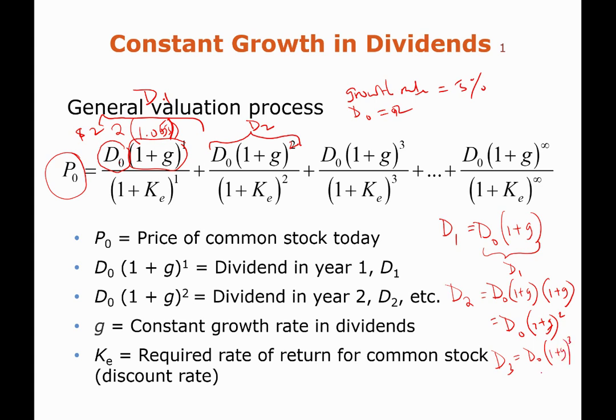So the key for us is to make sure you have the current period dividends, which is the D naught, what was paid in the current period. And then the rest is just going to be easy for us to solve. But we're going to find a simplified version of this formula, assuming we don't have all those dividends to infinity.